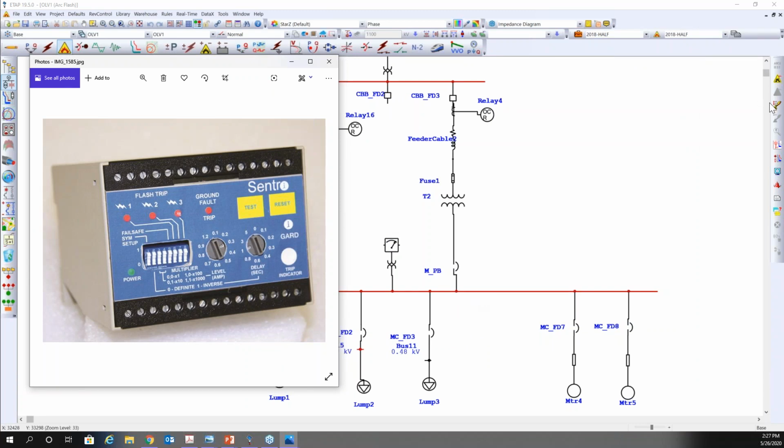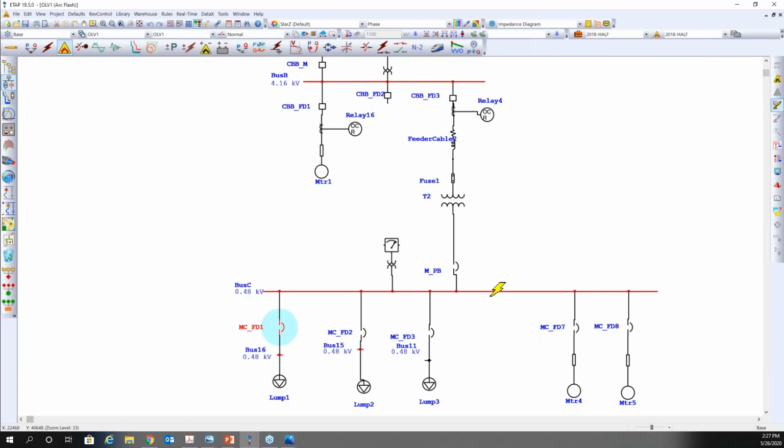So if we put a fault on the main bus with light only, we have 6.63 calories per centimeter squared, and we still opened in 51 milliseconds. However, with the optical on the load side of the breaker, we're still at 51 milliseconds, but 3.03.